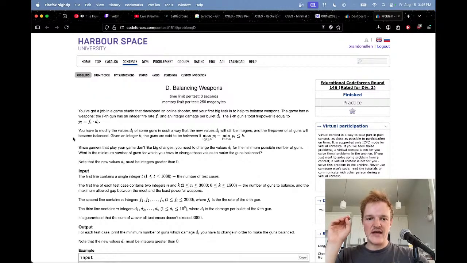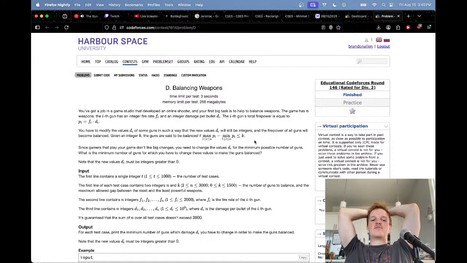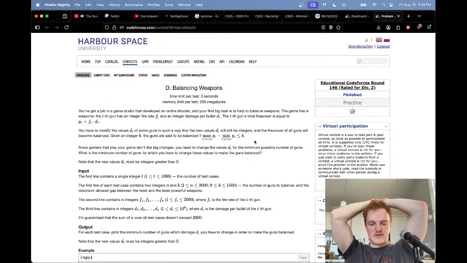Given the integer k, the guns are said to be balanced if the max minus the min is less than or equal to k. Since gamers that play your game don't like big changes, you need to change the values d sub i for the minimum possible number of guns. What's the minimum number of guns for which you need to change these values to make the guns balanced? The new values must be integers greater than 0.